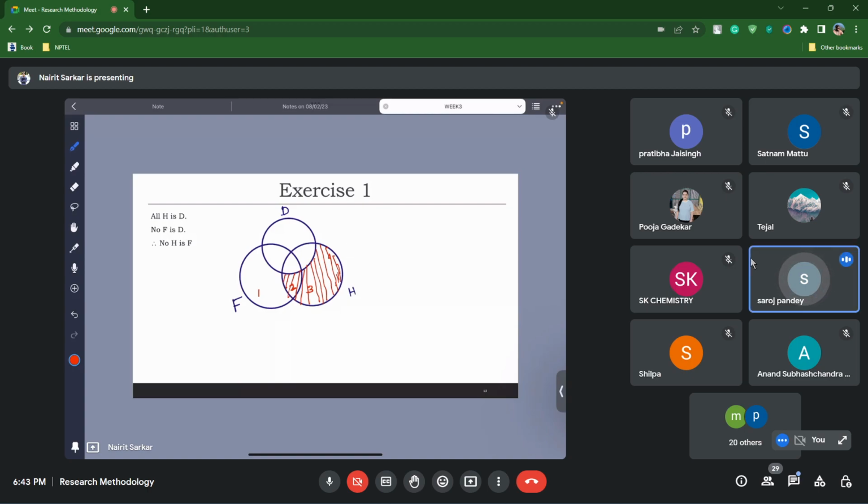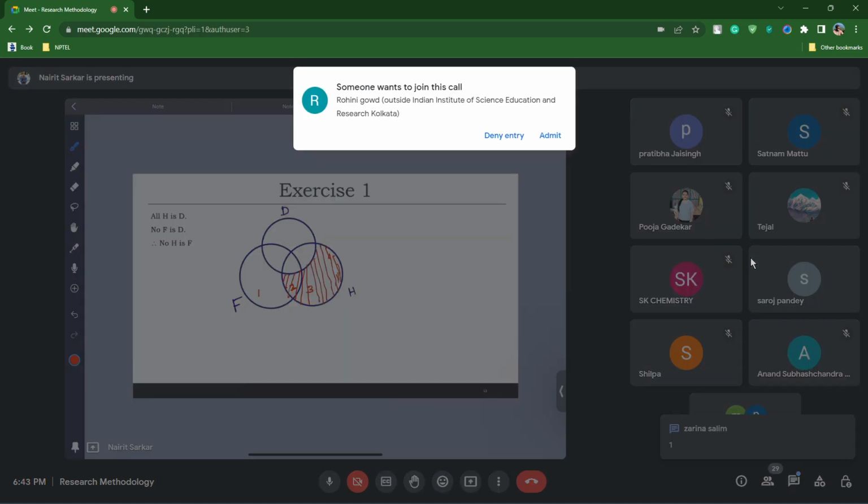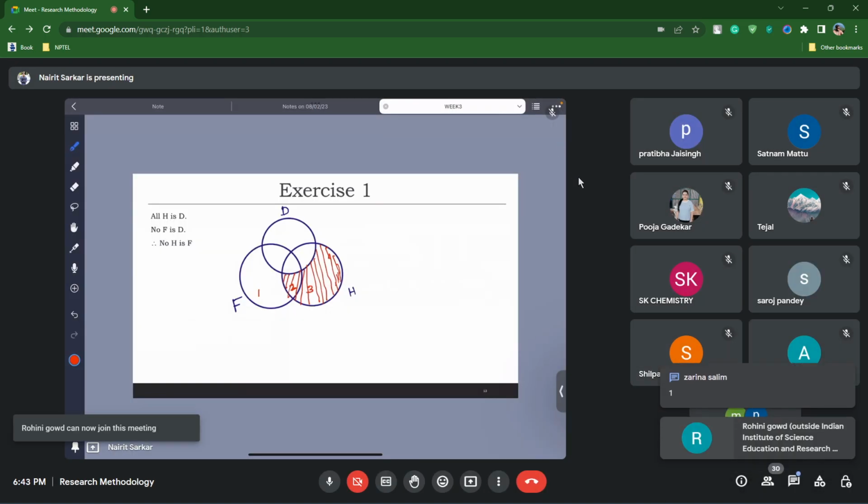In between F and D, the overlapping part. No F is D. Exactly. So it was not about 1, 2, and 3. Good.